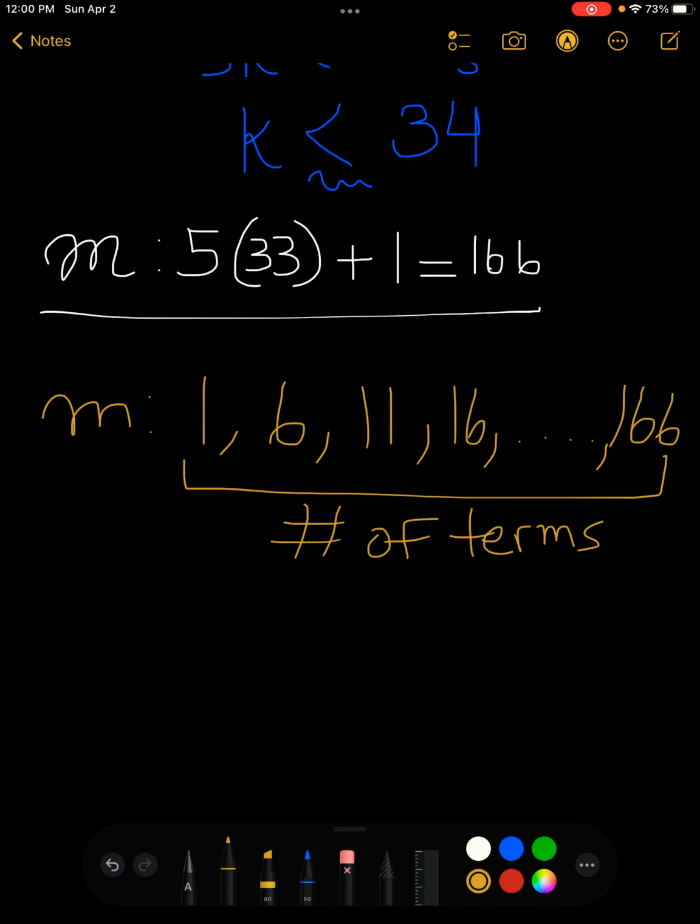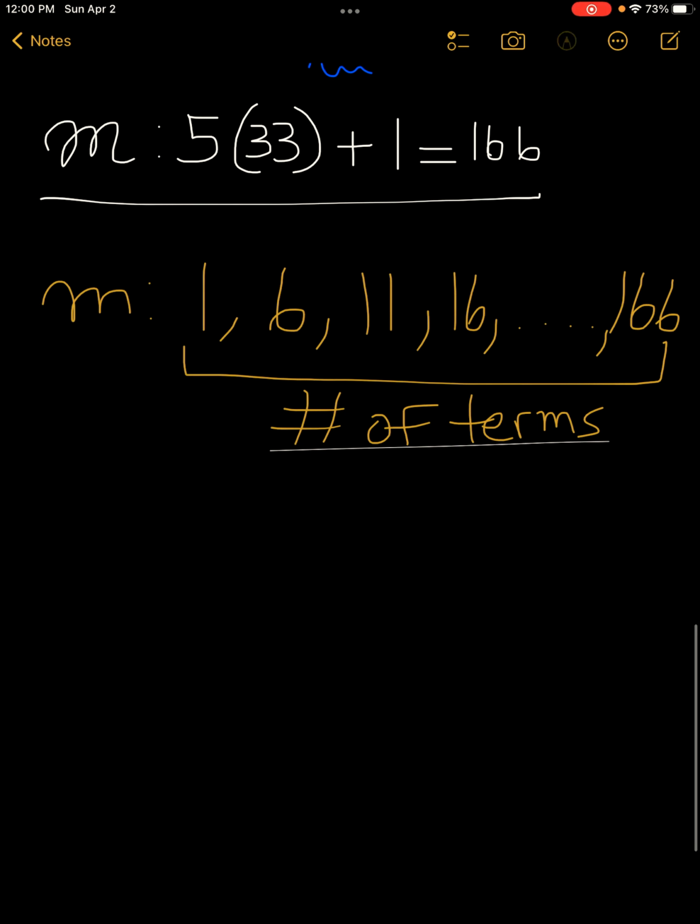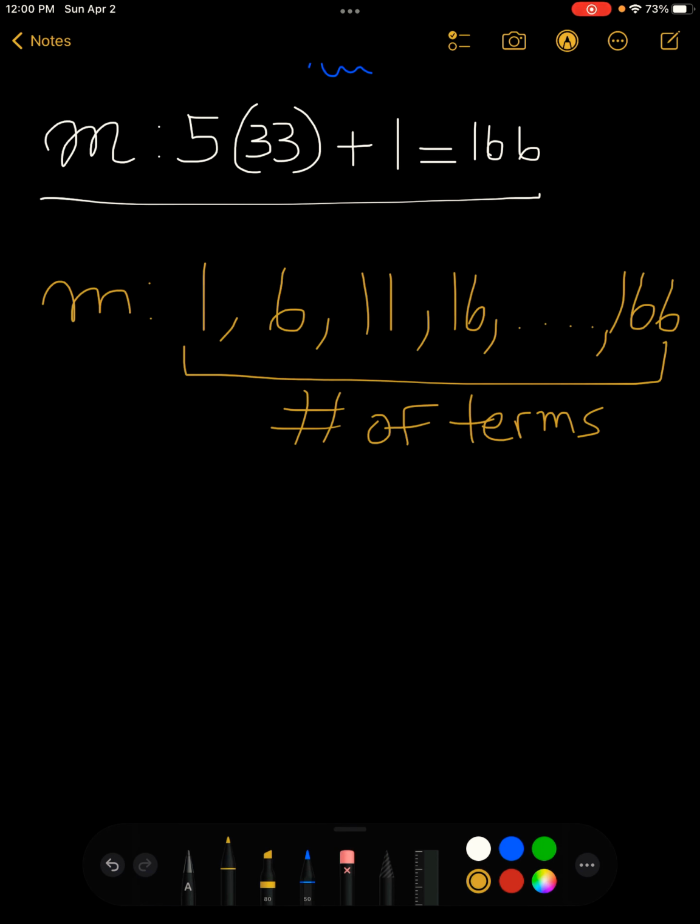Because for every possible value, there is only one corresponding value of the other variable. So to do that, we can subtract 1 from each term in this arithmetic sequence. And when we do that, we get this sequence: 0, 5, 10, 15, all the way up to 165.